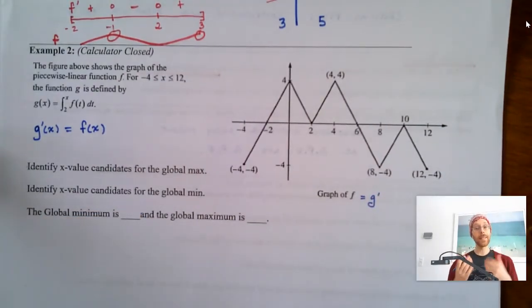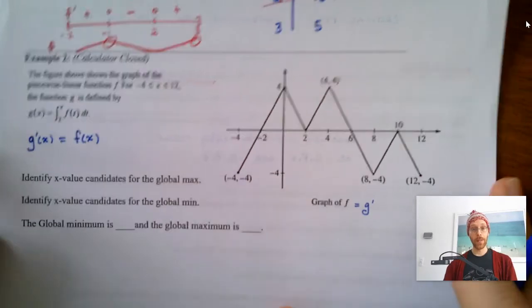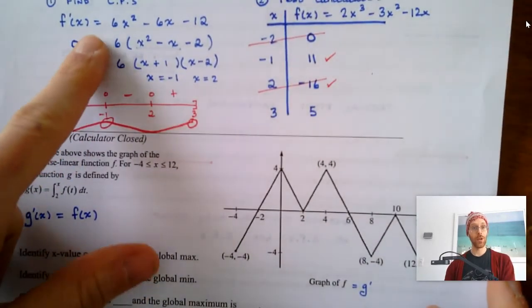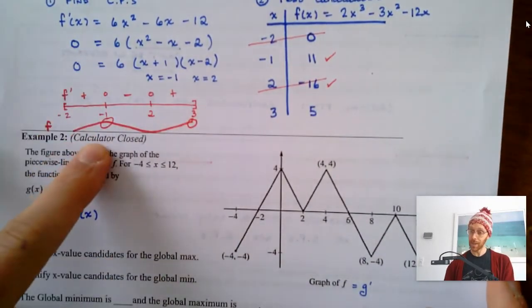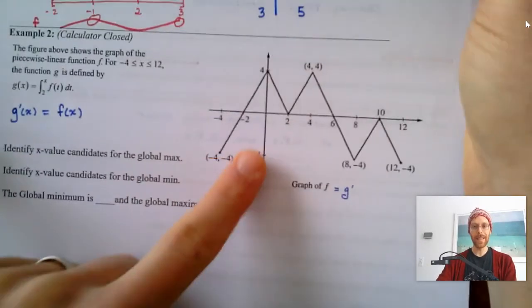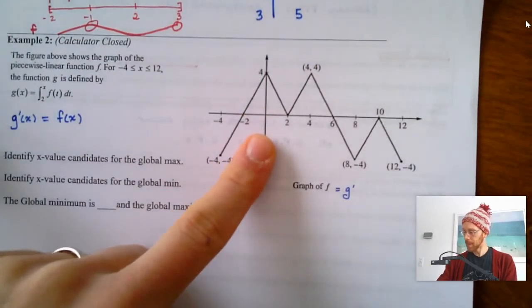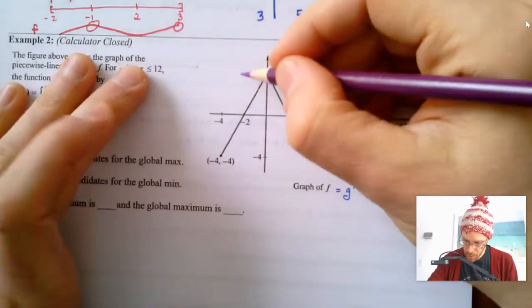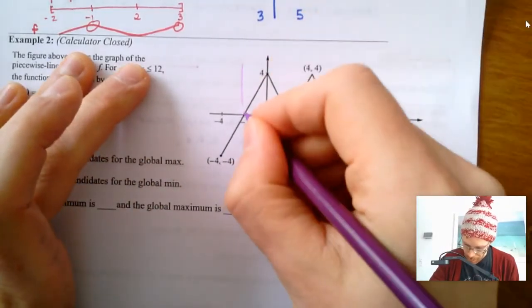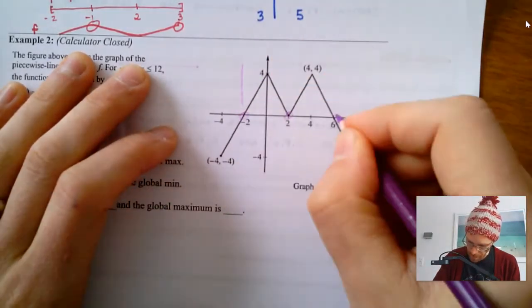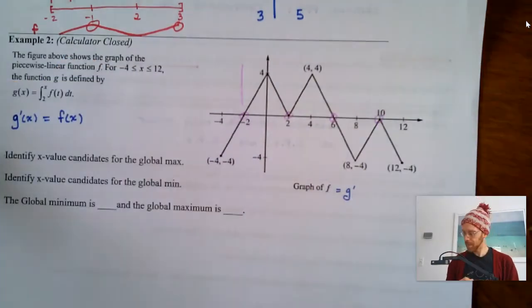Which means this is a different kind of problem because unlike the last one where we had to cook up the derivative and then draw a sign chart, here we basically already have a sign chart, don't we? This is the derivative. So what we should note is that the derivative has zeros here, here, here, and here.